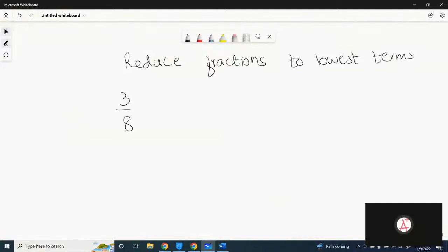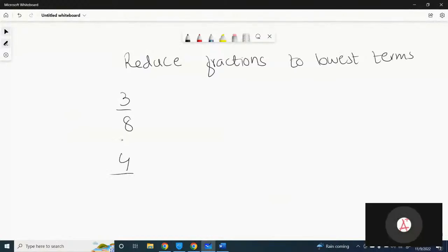So do we have any common number that can divide 3 by 8? We don't have any common number other than 1 that can divide 3 by 8. Got it? That means 3 by 8 is already in the lowest form.